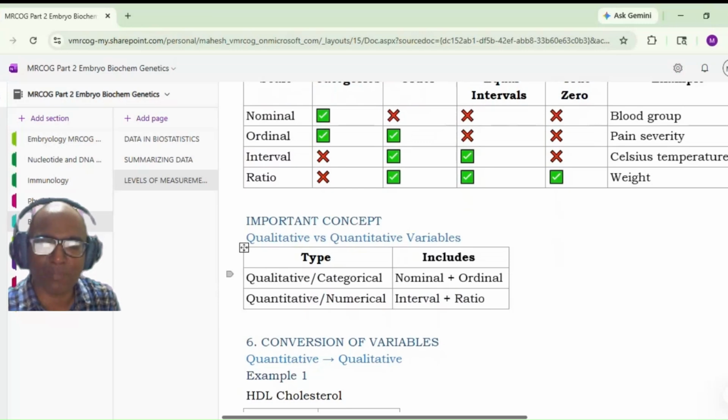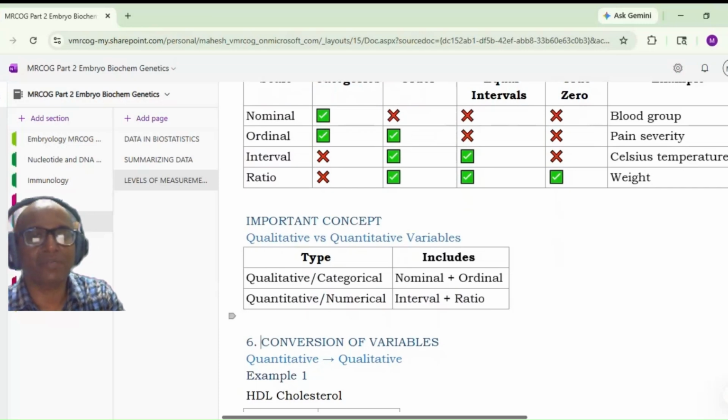So qualitative and categorical variables have nominal and ordinal scale. Then for a quantitative or numerical variable, you can have either interval or ratio scale. Interval example you have seen, and ratio scale example also we have seen.